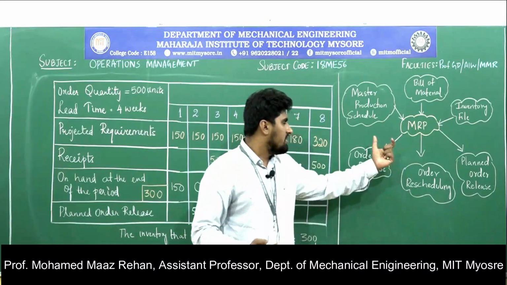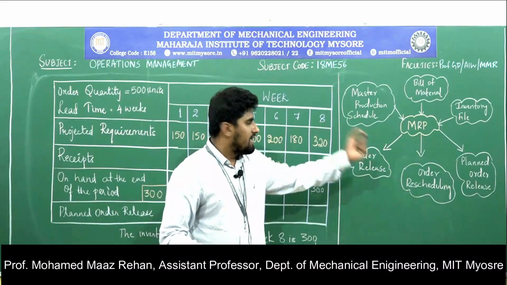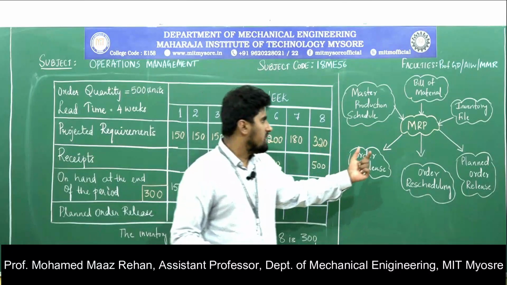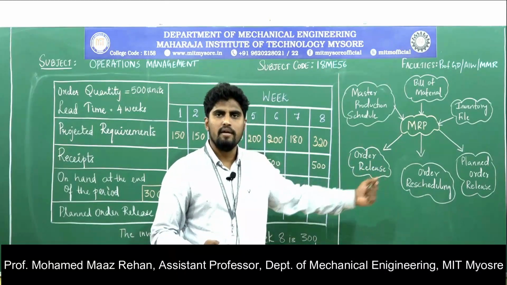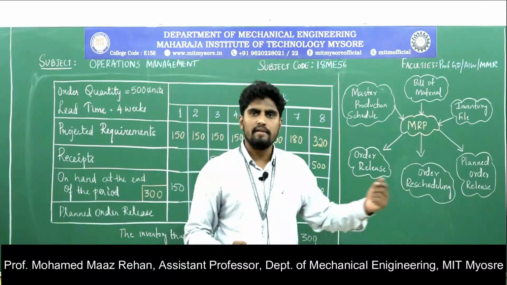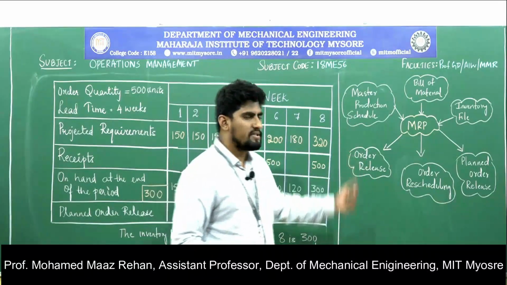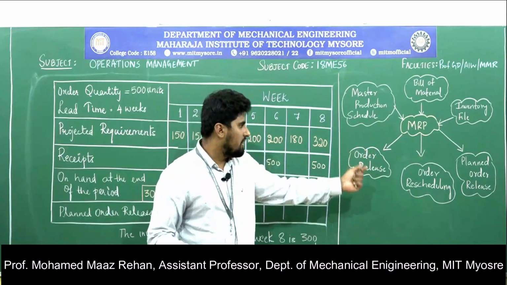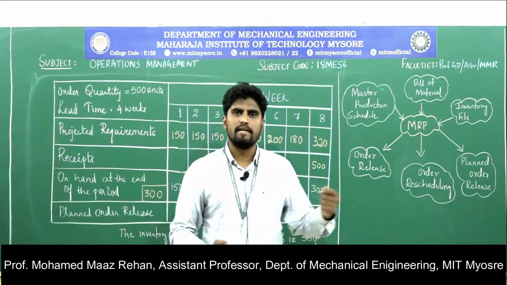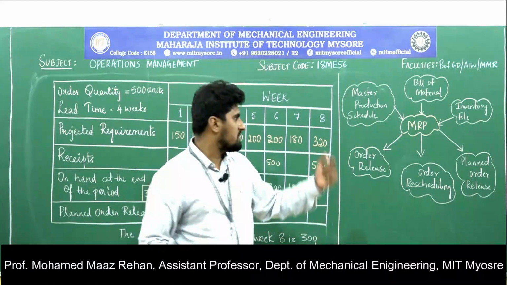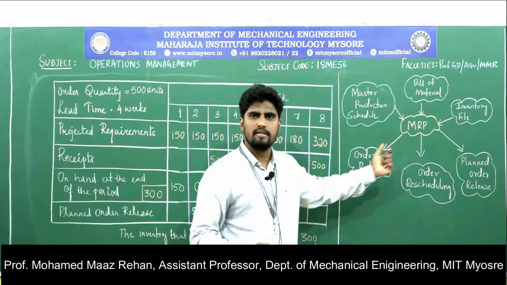So the main intention of this MRP is that you should have the right quantity of material at the right time. That is the main objective of MRP. In order to realize the right quantity of products at the right time and at the right place, that is the motto of MRP.